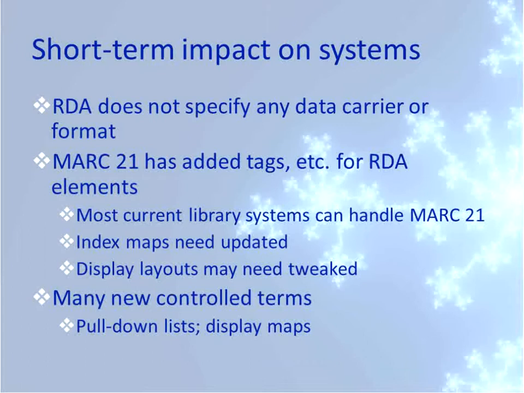Index maps, for example, the replacement of the old general material designation, the content, media and carrier types of RDA, you may want to index those within GMD and SMD indexes, or you may wish to index them separately or indeed ignore them until there are sufficient records containing these terms to justify an index. But at some point those index maps will need to be updated.